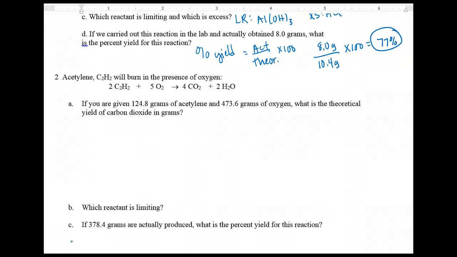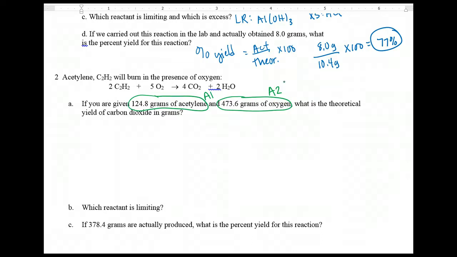To help organize our thinking, this first number that I see, 124.8 grams of acetylene, that's going to be my A1, my first given number. 473.6 grams of oxygen, that's my other given number, so I'm going to label that A2.